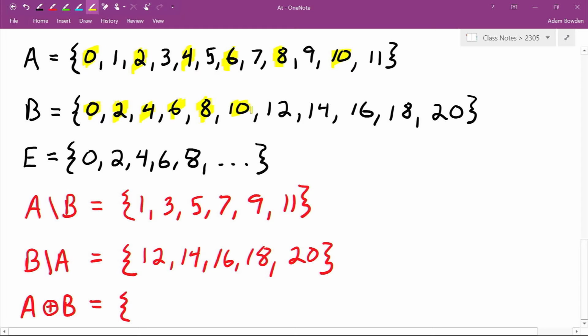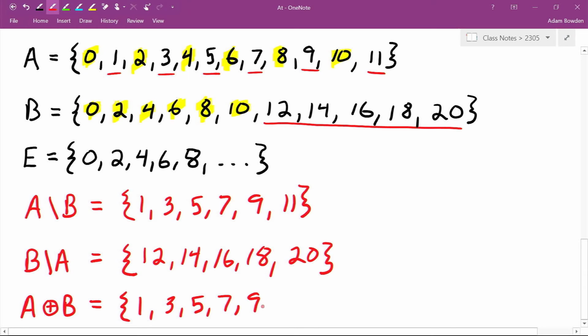So those will not be included, but we will include all the other values here. Everything else gets joined together. So it would look like 1, 3, 5, 7, 9, 11, and then 12, 14, 16, 18, and 20 would be the elements contained within the symmetric difference of the two sets.